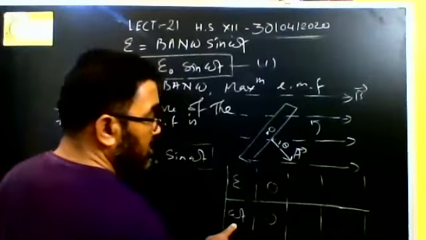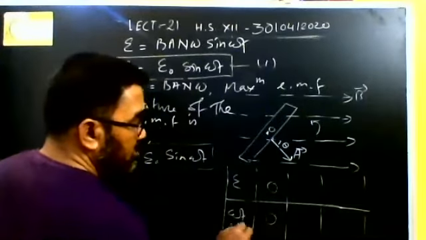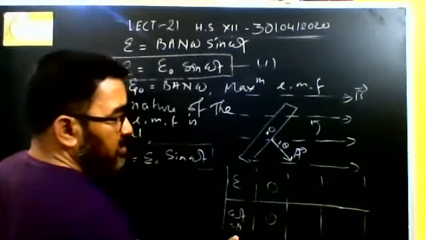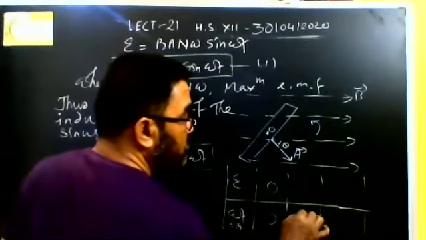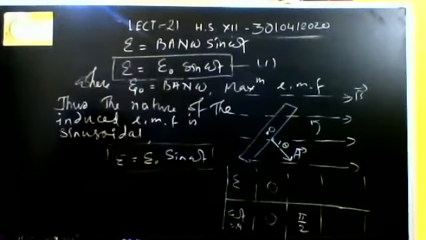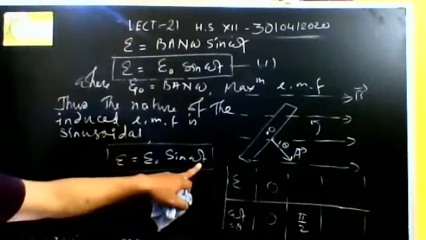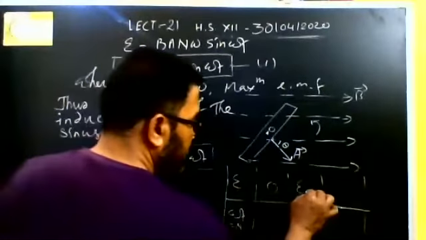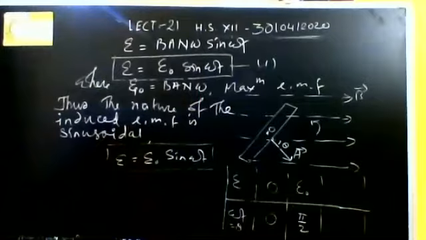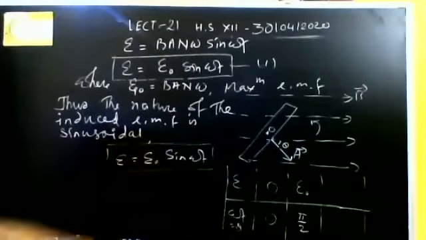When omega t, that is theta, is equal to 90 degree, that is pi by 2, what will you get? Sin pi by 2 is equal to 1. So epsilon is equal to epsilon naught, maximum value, peak value.